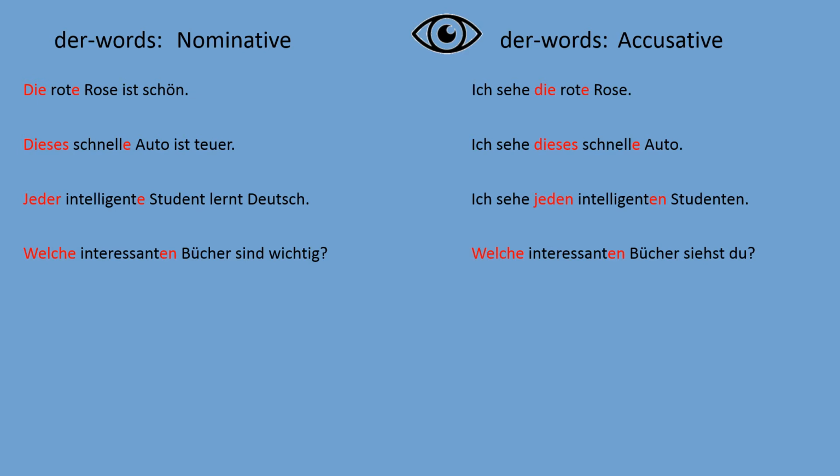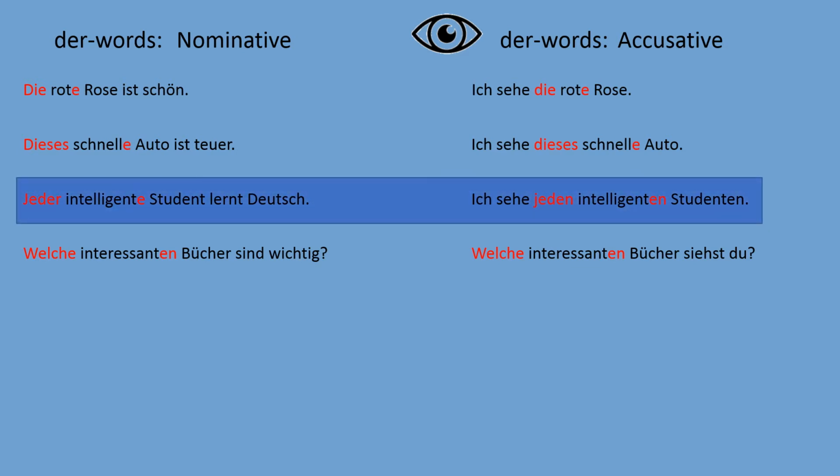Let's compare the endings we use with adjectives after der words in nominative and in accusative case. When we compare the sentences, the only difference you may find is when we use the noun which is masculinum, Student. Jeder intelligente Student lernt Deutsch, every intelligent student learns German, and I see every intelligent student, ich sehe jeden intelligenten Studenten.